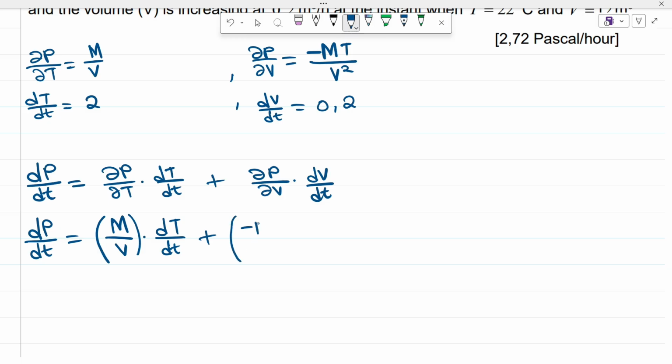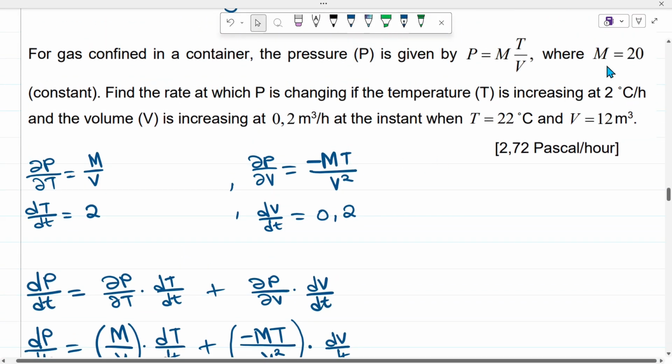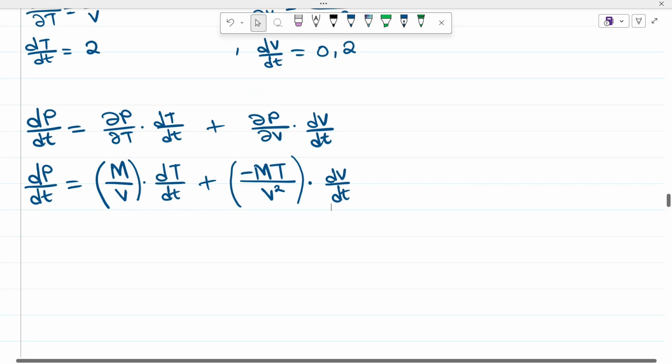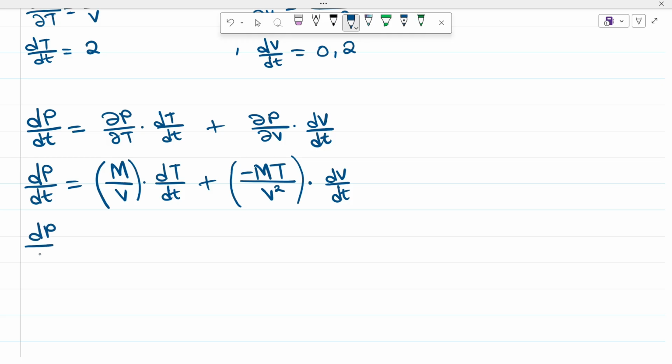Now let's substitute the partial derivative of P with respect to V. This is going to be negative mT over V squared multiplied by dV/dt. We were told that m is equivalent to 20, temperature equals 22 and V equals 12. So we're going to substitute all of those values here, and then we get our answer.